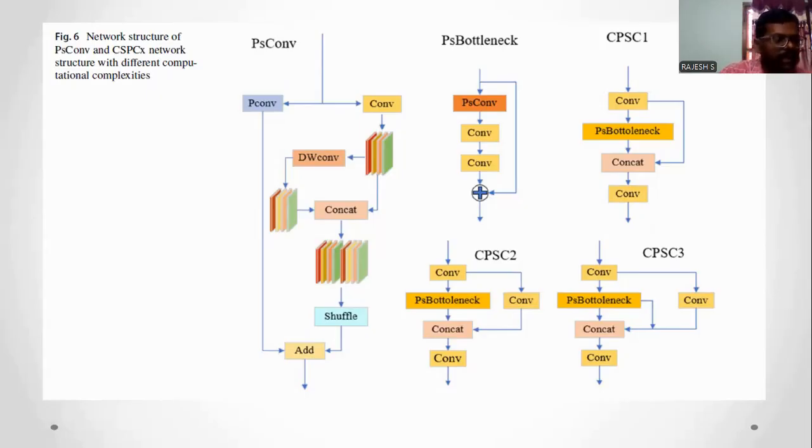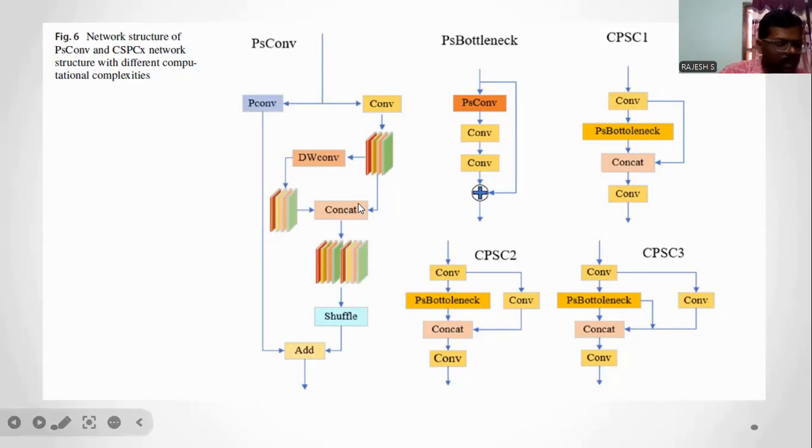It looks at each layer separately, so it is very fast, whereas normal convolution looks at everything in the image and finds more details. Partial convolution looks at important parts of the image, normal convolution looks at complete details, and depth-wise convolution looks at each layer separately.